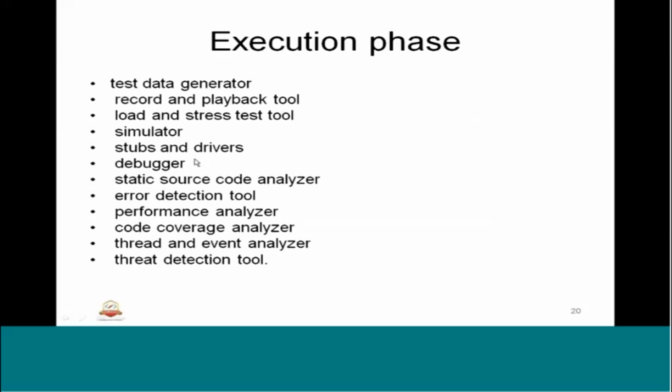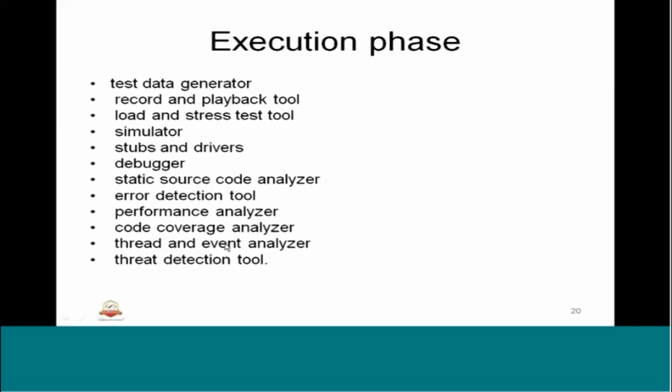We know that IDEs are used as debuggers for code analysis and so on. We have static source code analyzers, such as Understand for C++, ECLint and likewise; Polyspace is also another code analyzer. Error detection tools in the code, performance analyzers, memory analyzers, then code coverage analyzers such as the instrumentation analyzers VectorCAST, RTRT and LDRA, likewise.